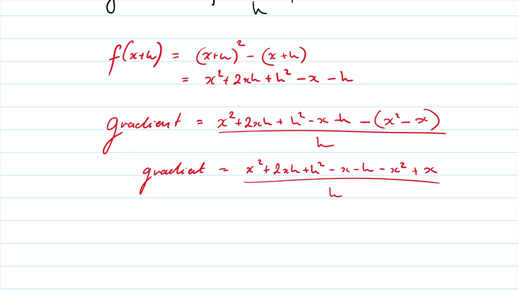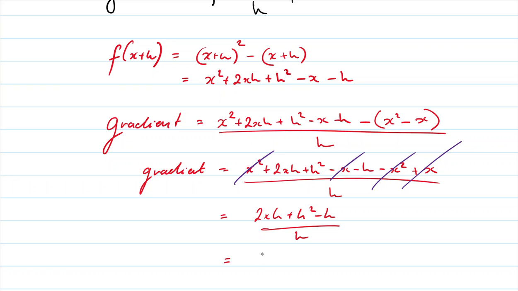Alright, there are a few things here we can cancel out. We've got a positive x squared and a negative x squared. We've got a negative x and a positive x. That's it. You've then got 2xh plus h squared minus h, all over h.